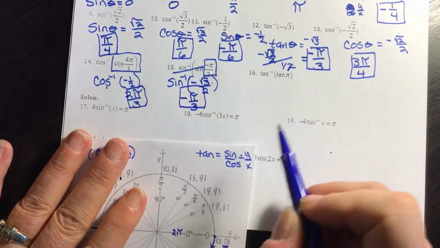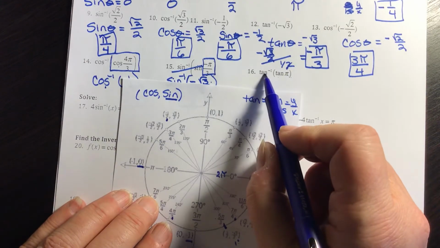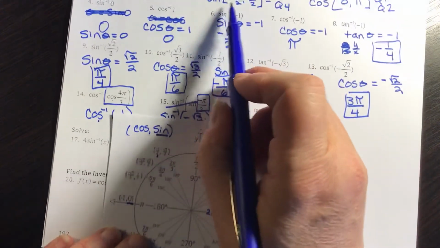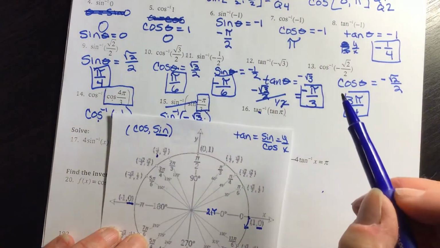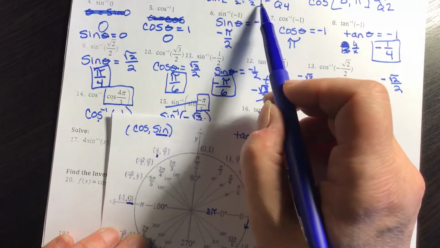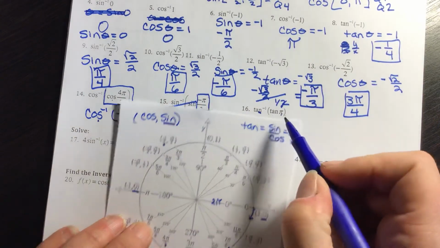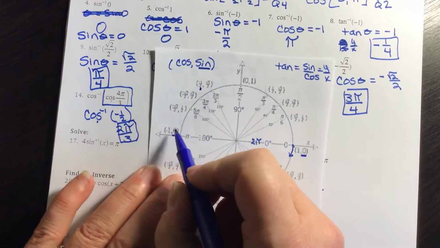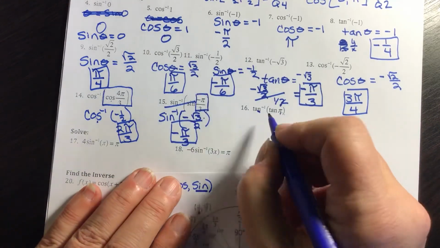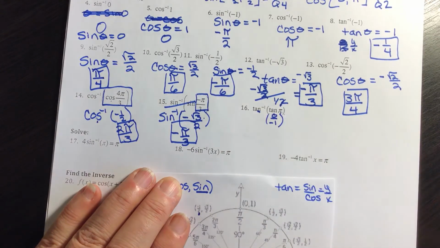All right, tangent of pi. So pi is actually in my domain for tangent. Okay, remember tangent goes from, oh, no, it's not. So let's look at this. 1 pi is not in this domain for tangent. So if I look at tangent of pi, tangent is sine over cosine, which is 0 over -1. So that's 0.